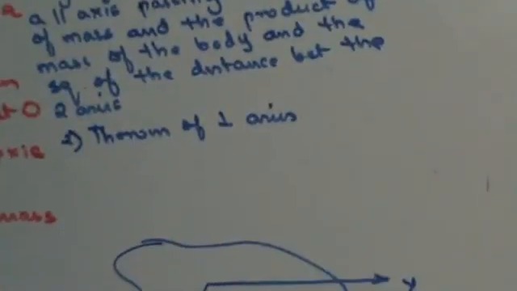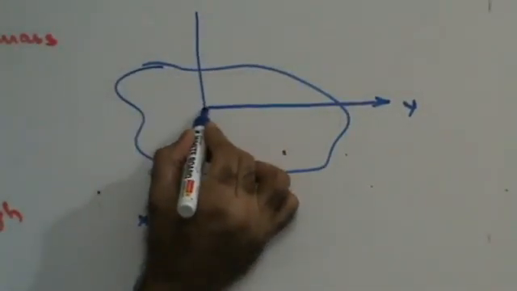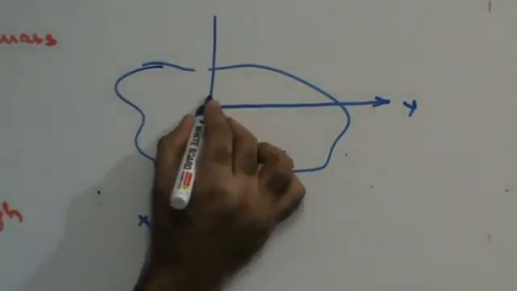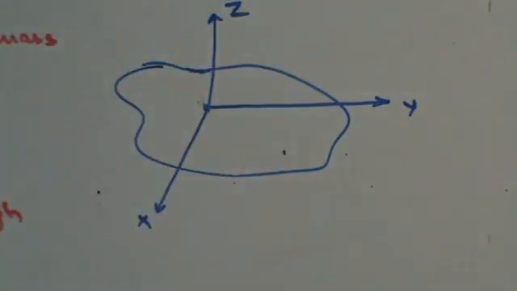The x-axis and y-axis are on the body, and the z-axis is perpendicular to the plane of the body.